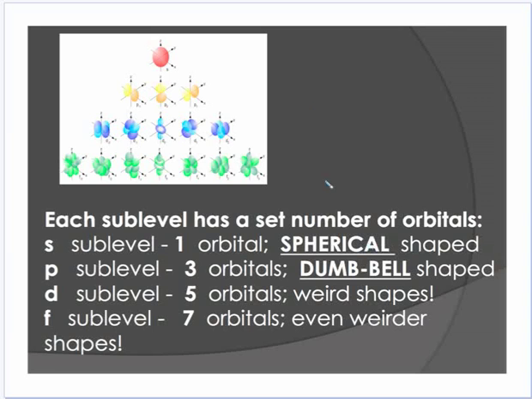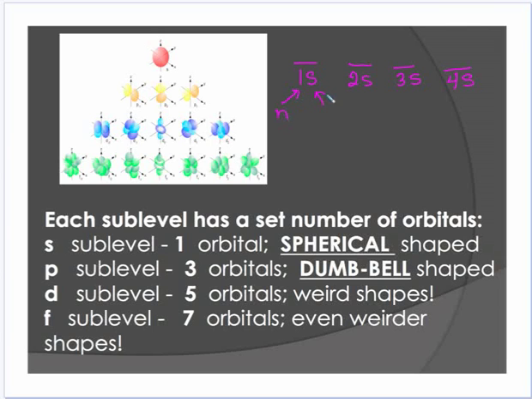Now, let's take a look at this again. The S sublevel has 1 orbital. It's spherical in shape. We'll give it a single line, whether it's a 1s or a 2s or a 3s. It doesn't matter. There's only going to be 1 orbital, right? The numbers in front give you n.